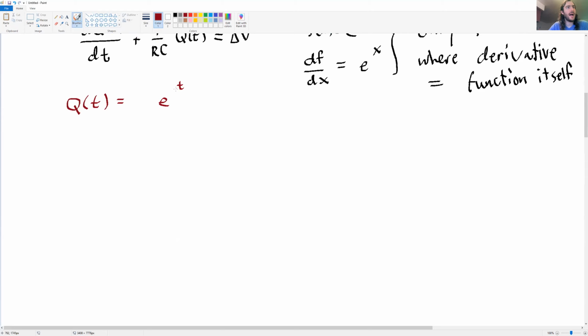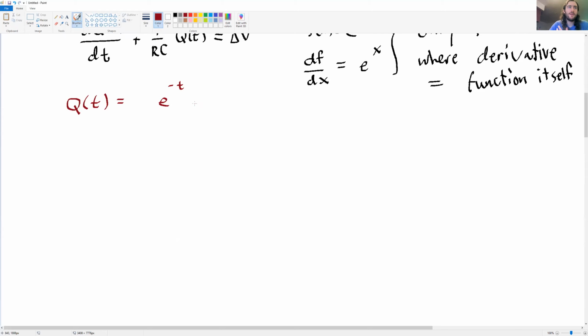This exponential here has to shut itself off as t gets really big, okay? So if t gets really big, that means t going to infinity. How do we shut off the exponential? Well, you put a minus sign in the exponent. If I take the limit as t goes to infinity here, then this exponential becomes 0, right? And when the exponential becomes 0, then we should reach a maximum amount of charge.